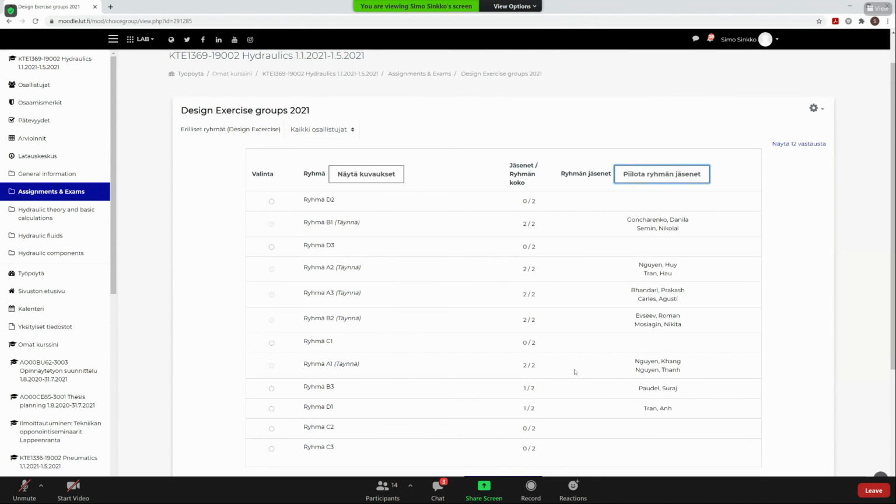You can do it alone, but of course I think it would be better if you would do it together with someone else. How about Surai? Do you want to do it together with Tran? Okay, I have no problem. I think you are able to manually leave one group and join another group. Okay, I'll go to group D1 then.